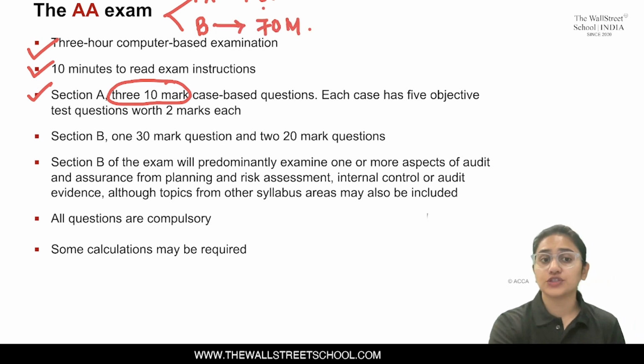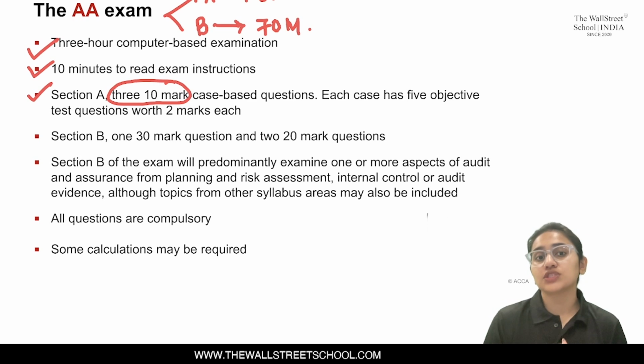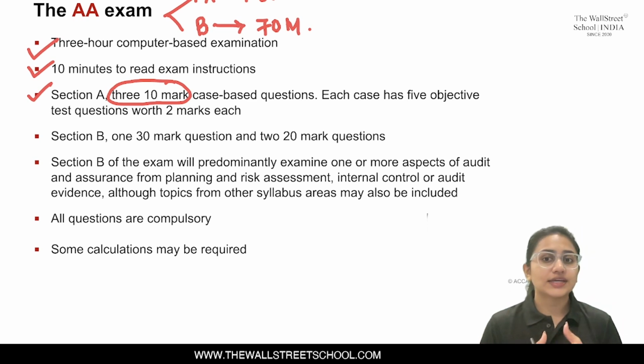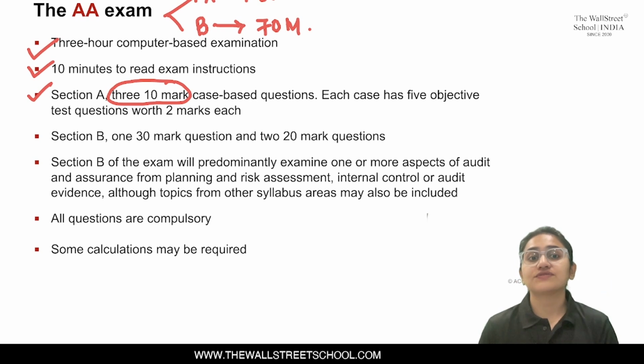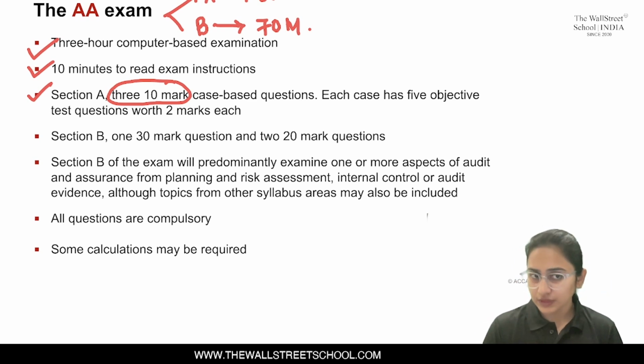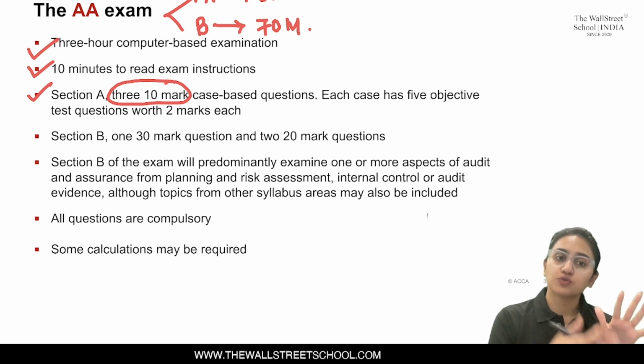In section A, you have 3 questions of 10 marks each, and these are MCQ style questions, which are case-based. Each case has 5 objective test questions worth 2 marks each. So one question will be 5 questions of 2 marks each.